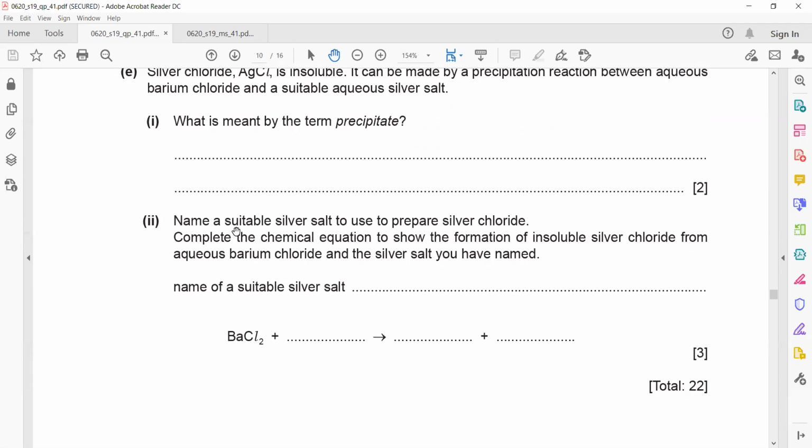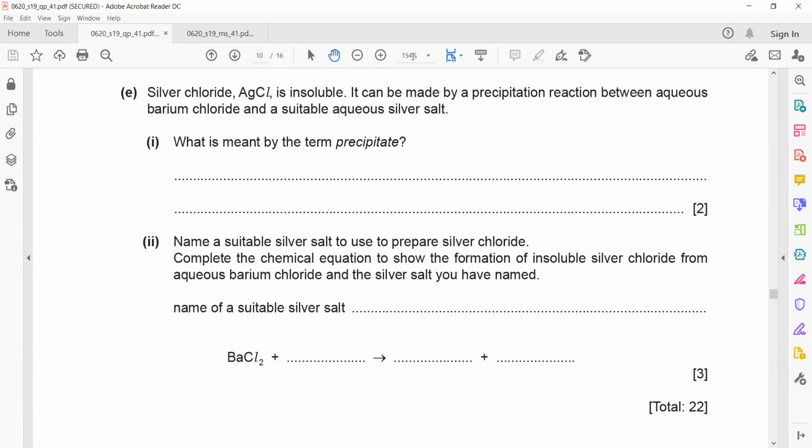So we need a soluble salt of silver. As we know, name the suitable salt of silver. All nitrates are soluble, so we can select silver nitrate. And barium chloride plus silver nitrate will result in the formation of barium nitrate plus silver chloride.